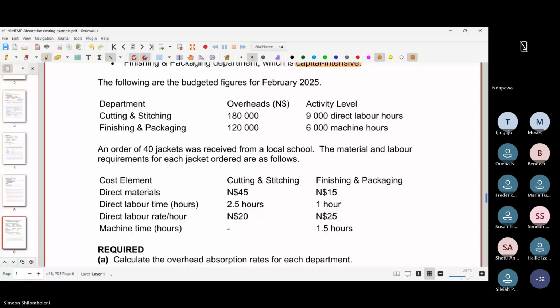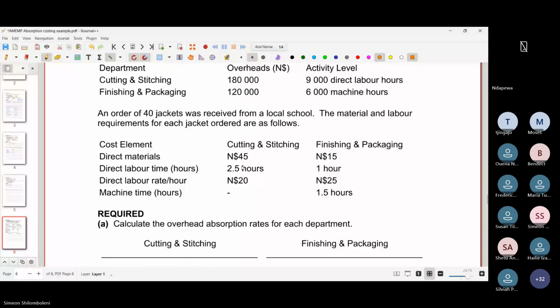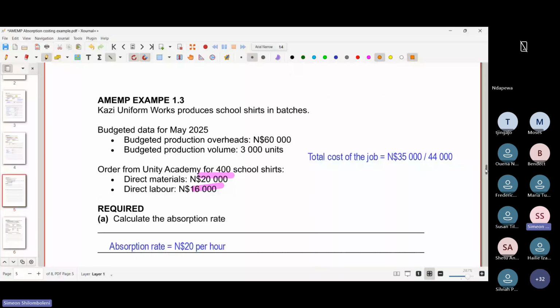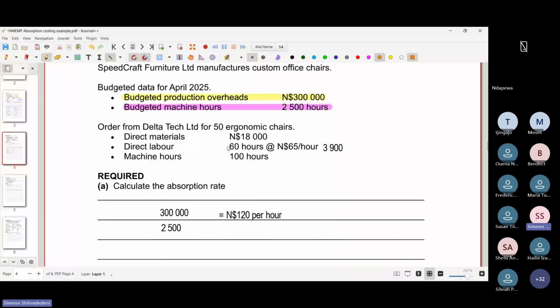Direct material. This is the materials themselves. Direct expenses. Now remember, I said here we had to put 3,900, but in some exercises you need to calculate it yourself. In the exercise that we are busy with, you need to calculate this labor yourself. That's why I said it's not difficult, but it's an exam type.